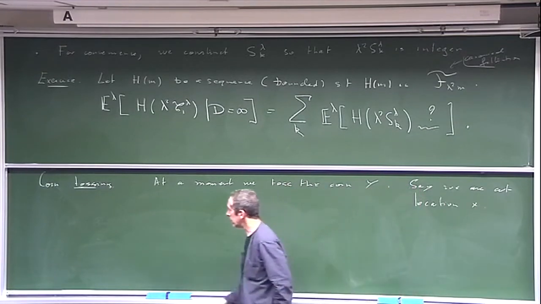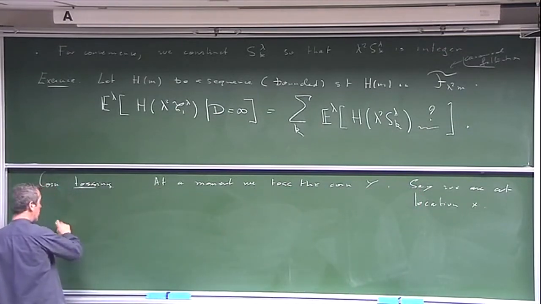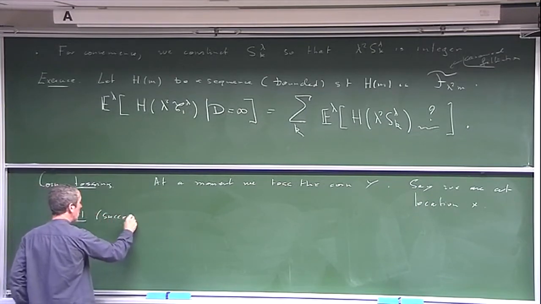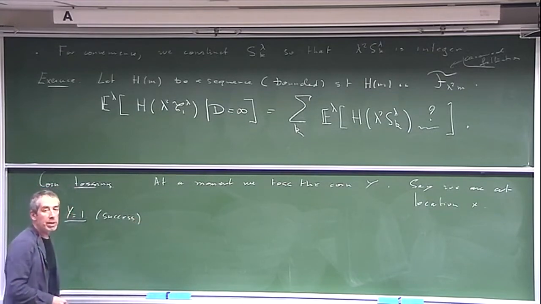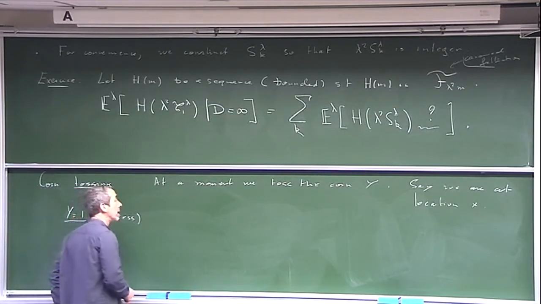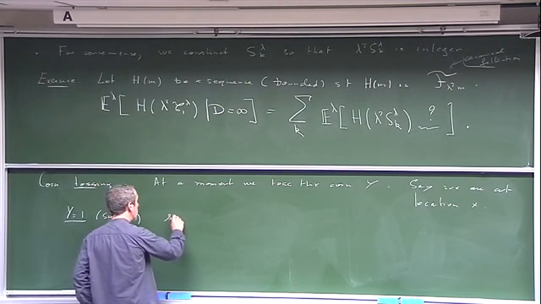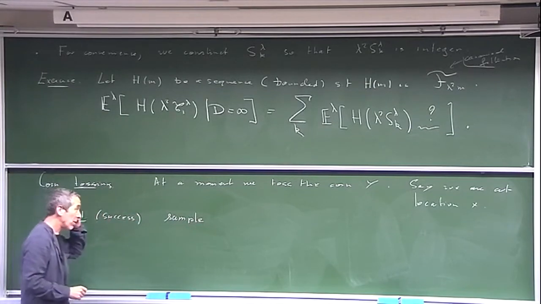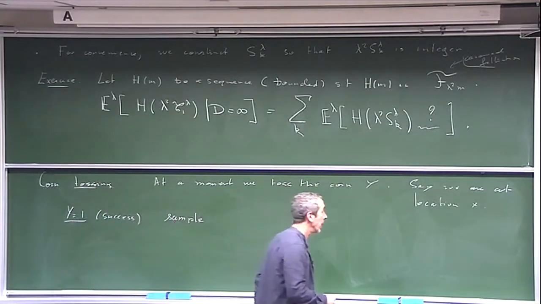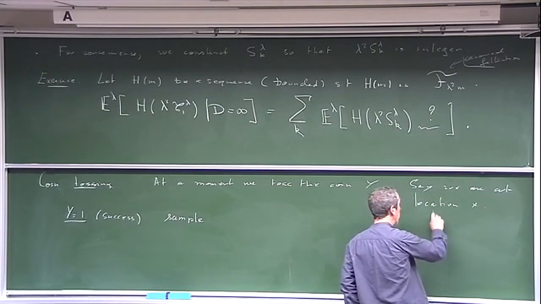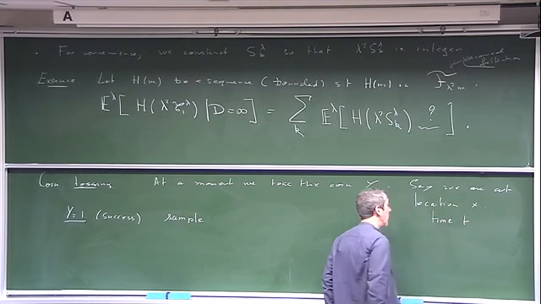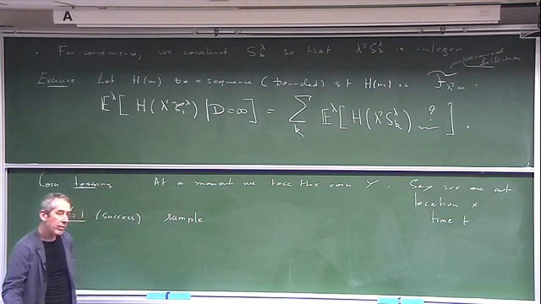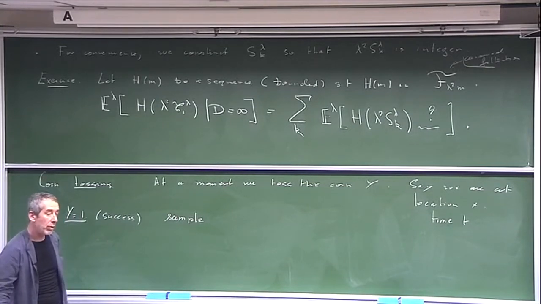So you have two possibilities. Either you get a success, y equals 1. This is a success. Then you make this deterministic jump. The deterministic jump is that you sample the position. So we're at location X at some time t. In the algorithm, you add a time interval of length 1 over lambda square.